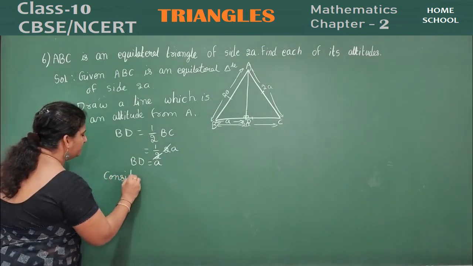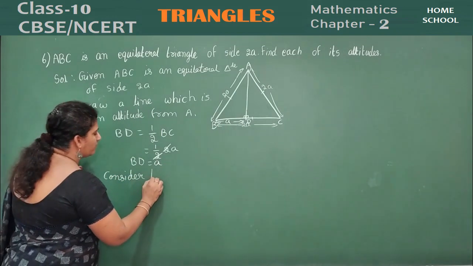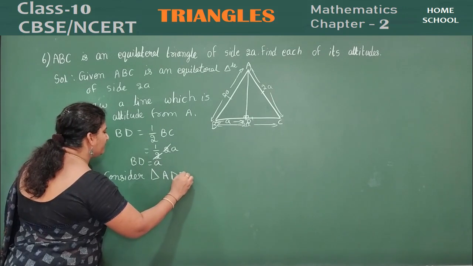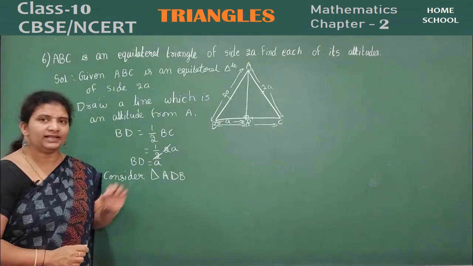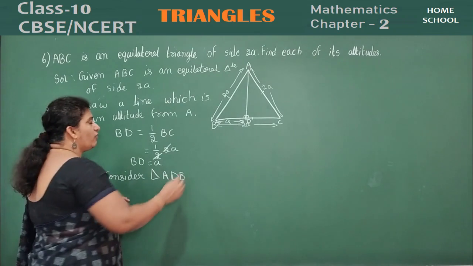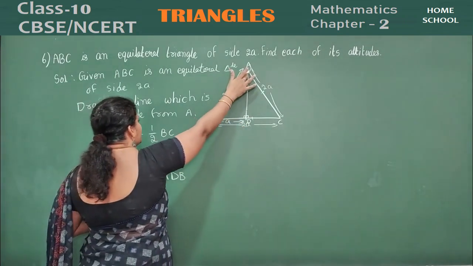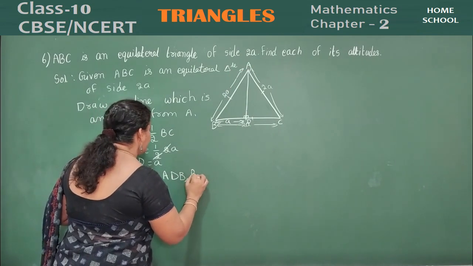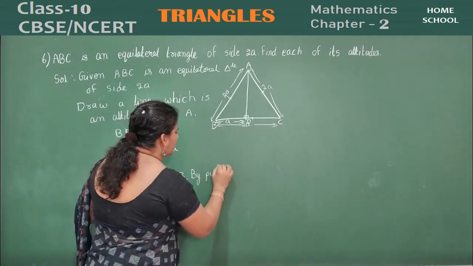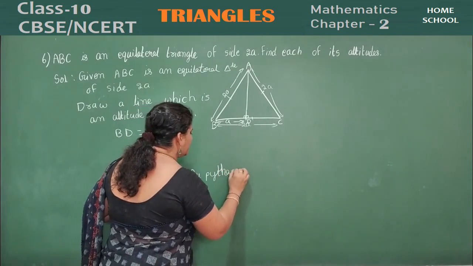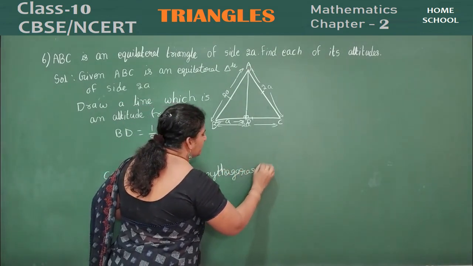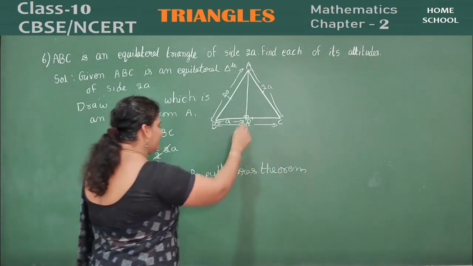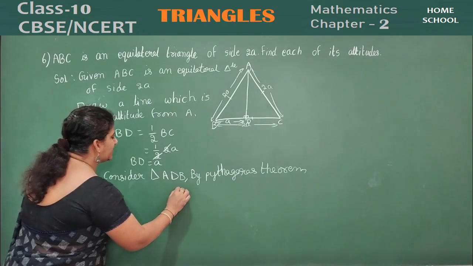Now, consider triangle ADB. Consider triangle ADB. So now what I can say here? This one, children, ADB. Apply Pythagoras theorem. This makes a right angle, right? So apply the Pythagoras statement here.